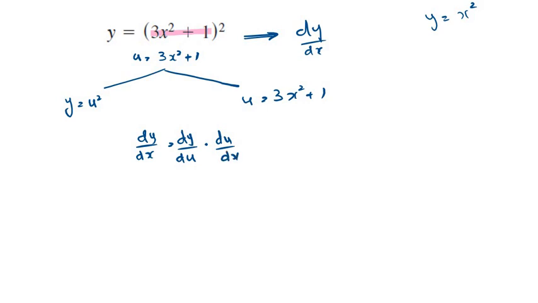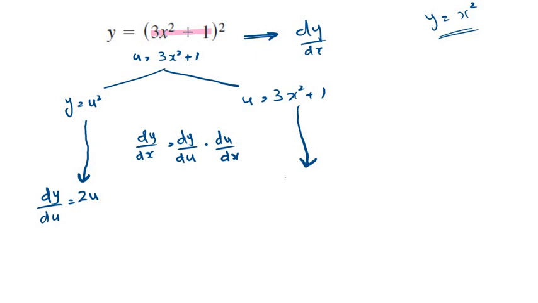Keeping that in mind, let's do the derivatives, because this is just a single function and this is also a single function that you can get the derivative of. Let's use dy over du. The derivative of this function is 2u. That's dy over du.